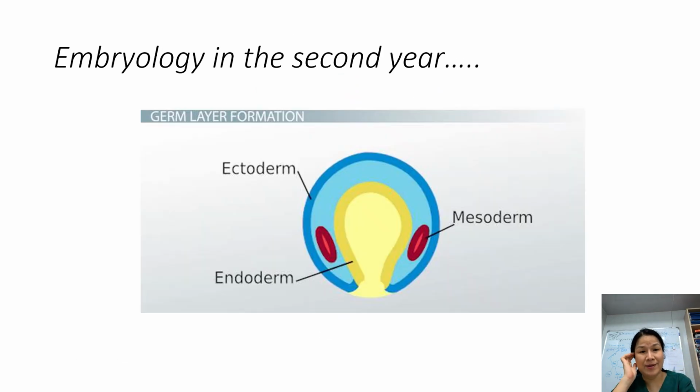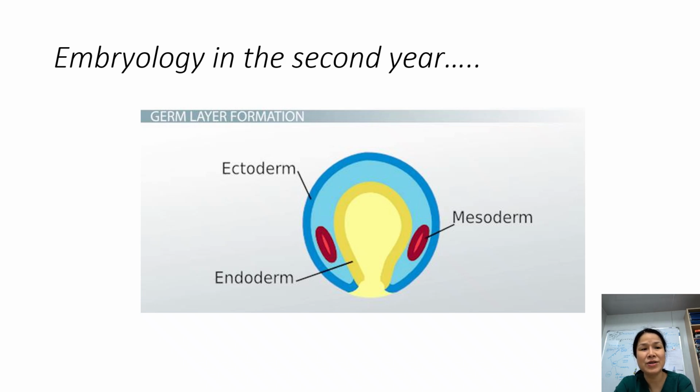All of us here are third year students. If you remember in second year when we did embryology, we have endoderm, ectoderm, mesoderm, remember? In the mesoderm, we have a layer of germ cells, and they develop into many tissues in the body.